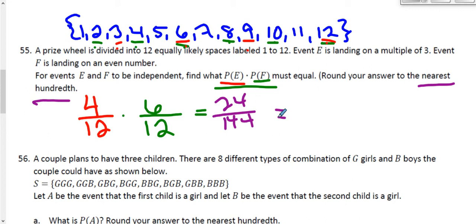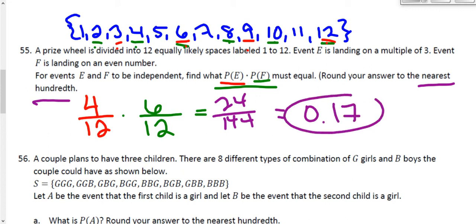So in the calculator as a decimal, that is 0. I didn't write it down here. Let me calculate that real fast. 1 divided by 6, 0.166667. To the nearest hundredth is 2 decimal places, so 0.167 rounds to 0.17, and that's it for that answer.